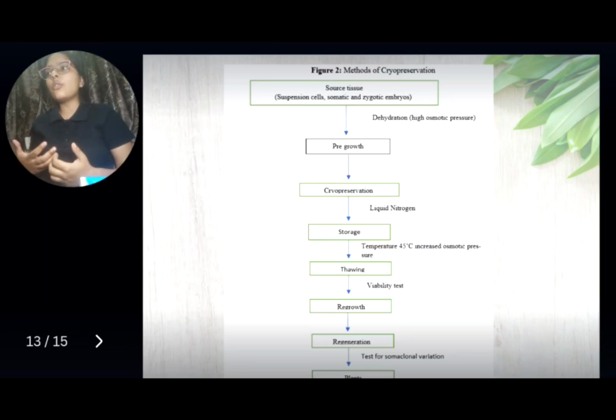The next arrow goes to storage and temperature maintenance, with increased osmotic pressure. Now thawing. What is thawing? We will look at it in further videos. Then the viability test, regrowth, regeneration, and the test for somaclonal variations, and we get the plant. How beautifully it happens.